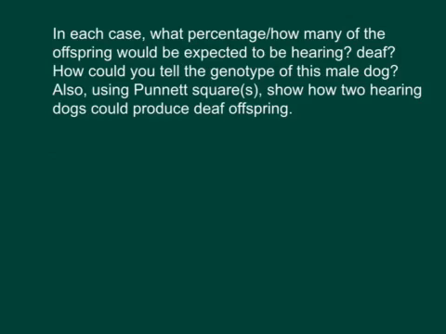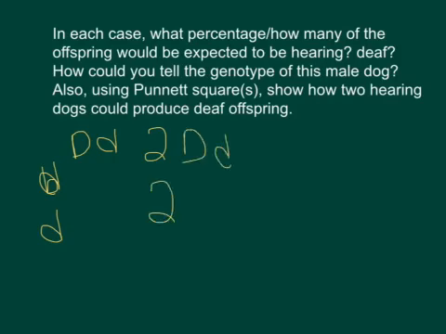So the first thing it asks is, in each case, what percentage, how many of the offspring would you expect to be hearing? So in our first cross, when we crossed Gilbert with the female, we got 2 hearing and 2 deaf. So for the first case, that's going to be 50% hearing and 50% deaf.